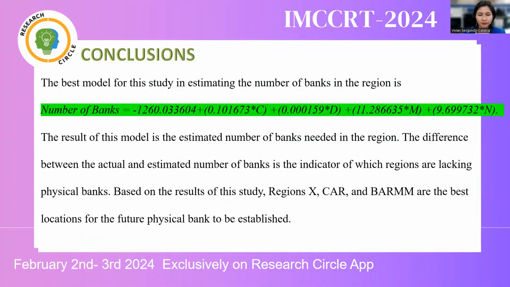So the result of this model is the estimated number of banks, and the difference between the actual and estimated number of banks is the indicator of which regions are lacking physical banks. Based on the results of this study, Region 10, CAR, and BARMM are the best locations for the future physical banks to be established.